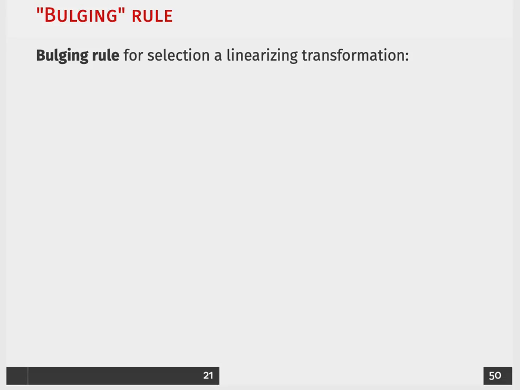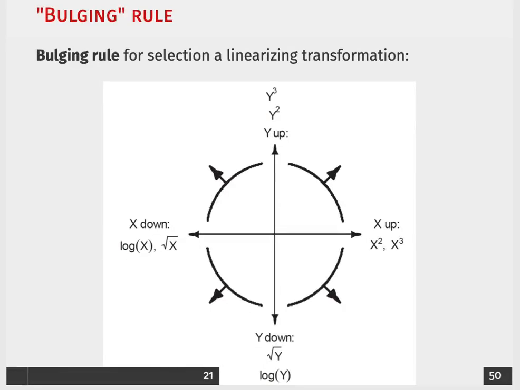Our general rule of thumb is going to be called the bulging rule, and it's going to make a little bit more sense when I show you this diagram. If the nonlinear relationship is bulging down toward this lower quadrant, we may want to take either the square root of our outcome or take a power of our covariate.